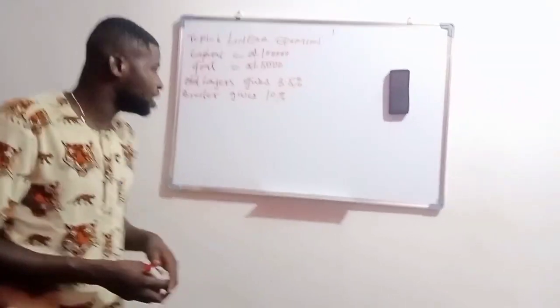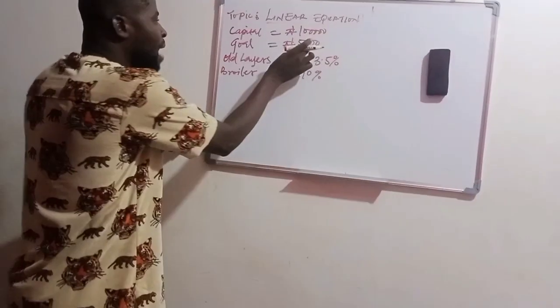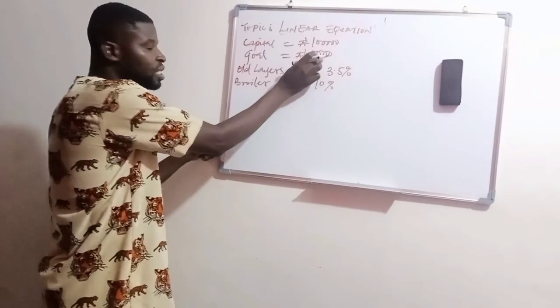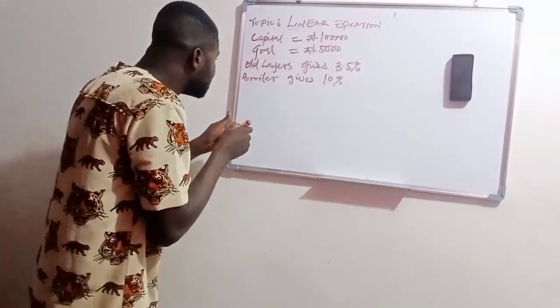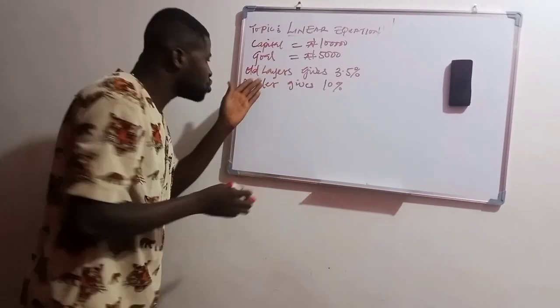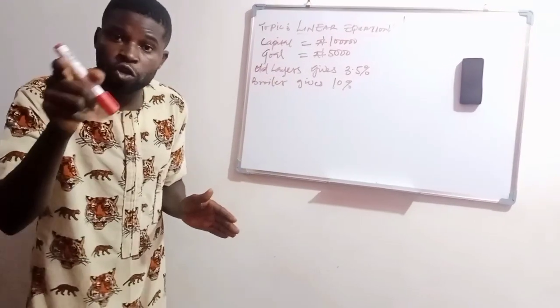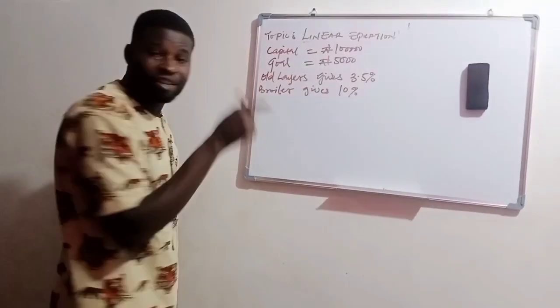Let's work on this together now. Don't forget, my main interest is on how to get 5,000 naira daily. So it is expected that these two products, which are old layers and broilers, should give me this gain of 5,000 naira.